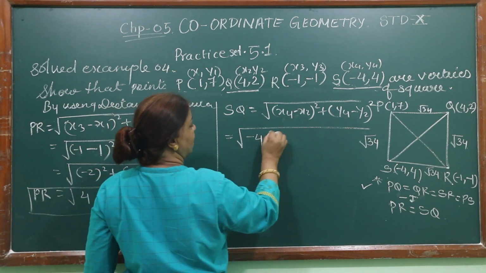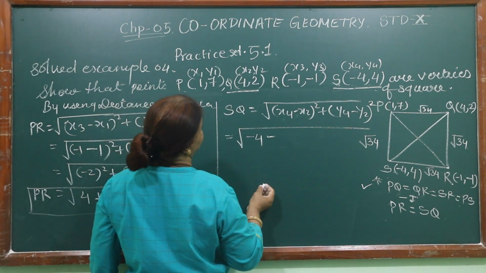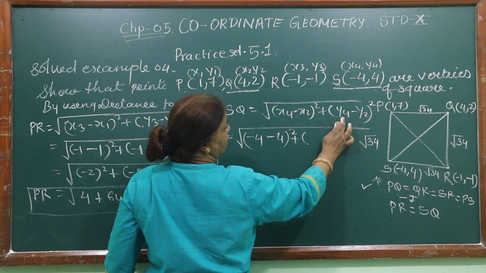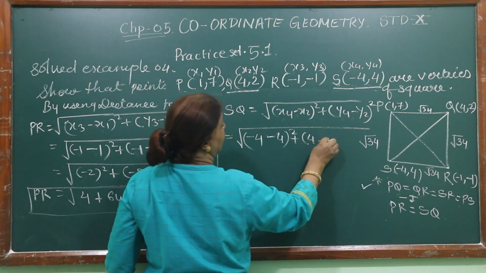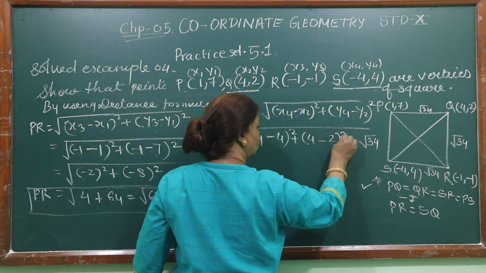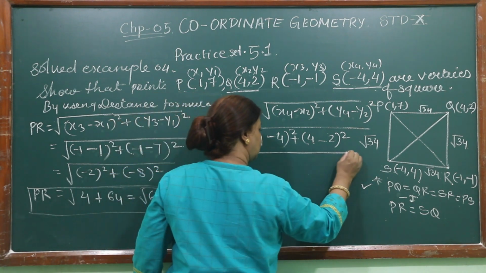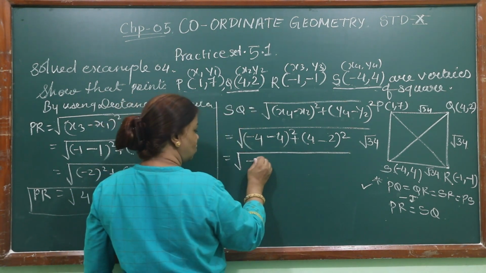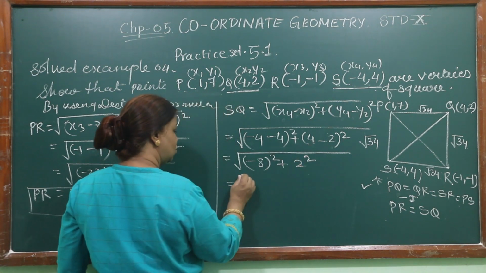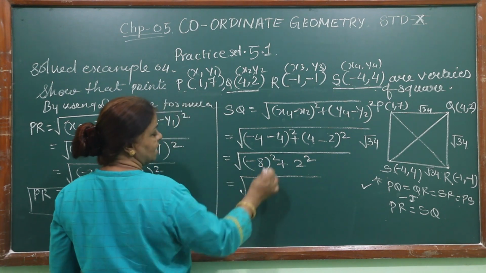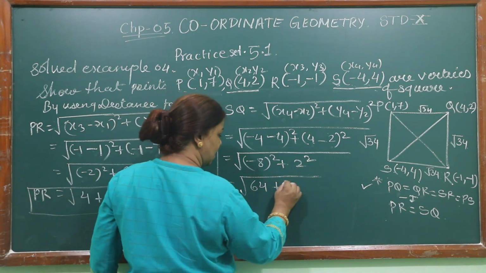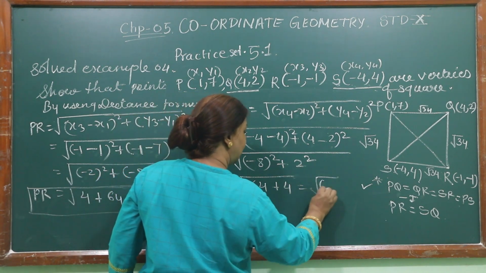Minus 4 minus X2 is how much? 4 the whole square plus Y4 is how much? 4 minus Y2 is how much? 2, the whole square. Now minus 4 minus 8 the whole square plus 2 the whole square, which is equal to, now minus 8 the whole square is 64 and 2 square is 4, which is equal to under root 68.